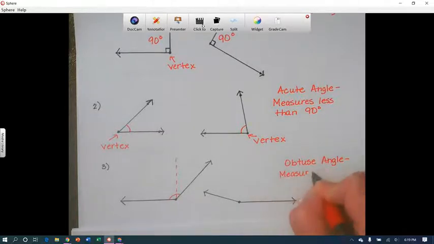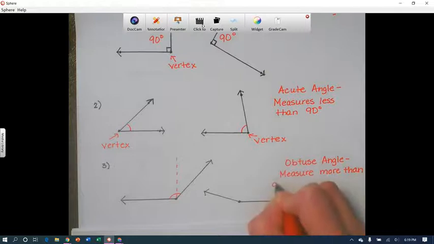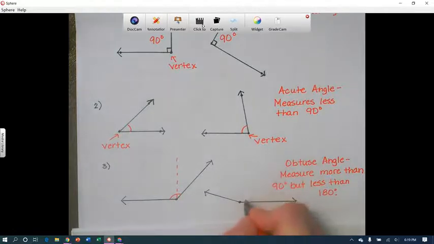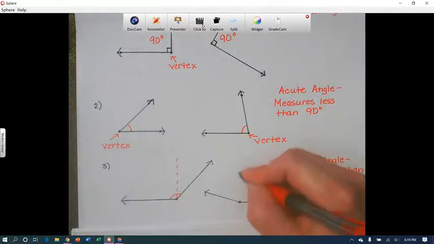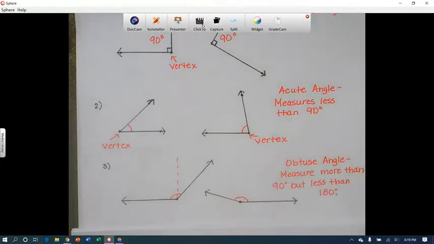So an obtuse angle has to measure more than 90 degrees, but less than 180 degrees. And so this is also an obtuse angle because that right angle would be right here. So that is definitely opening a little wider than a 90-degree angle.